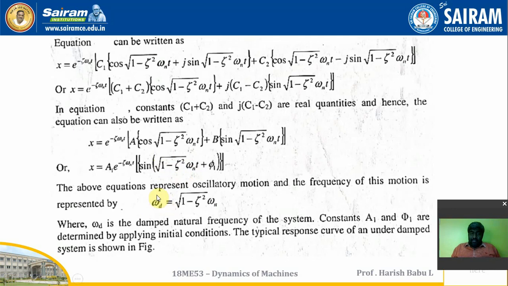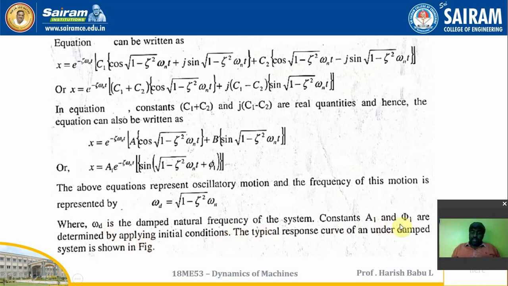Omega d is the natural frequency under damping condition, which is called the damped natural frequency of the system. So the equation is x equals a1 e to the power of minus eta omega n into t multiplied by sin (omega d into t plus phi 1), where a1 and phi 1 are determined by applying the initial conditions.